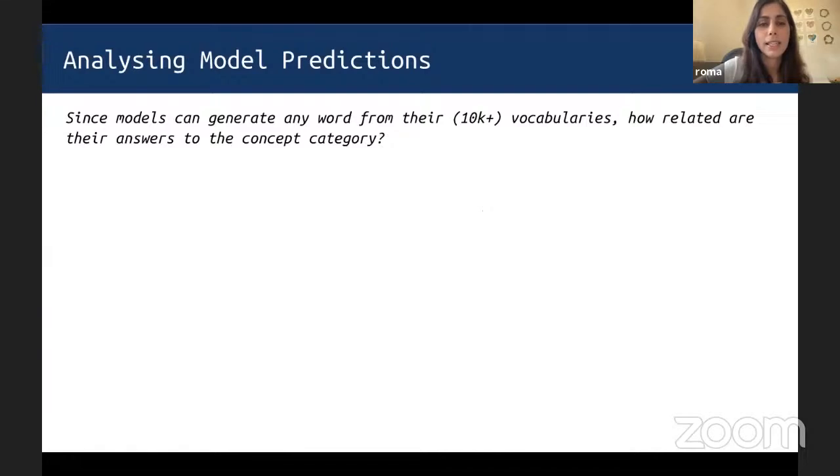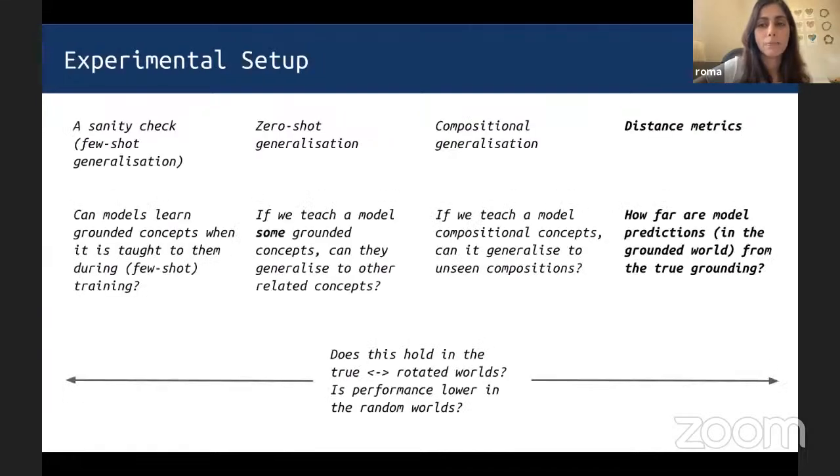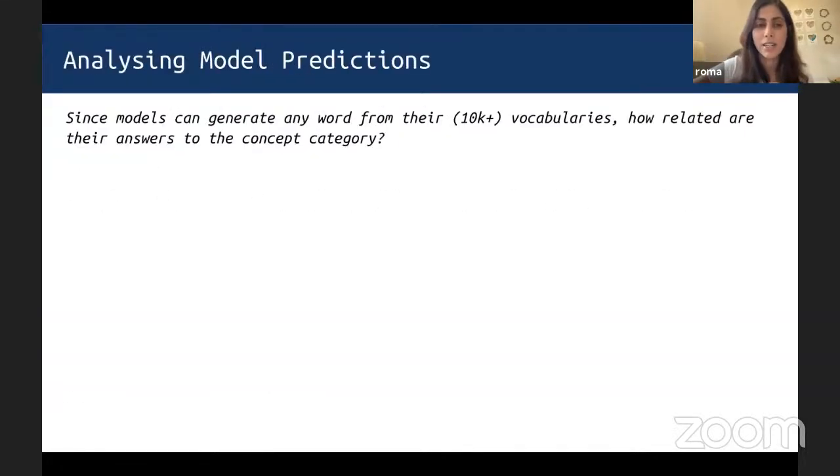And then finally, let's look at some examples of predictions of the models and some error analysis. Since models can generate any word from their more than 10,000 K vocabularies, what we want to look at is how related their predictions are to the actual concept category.